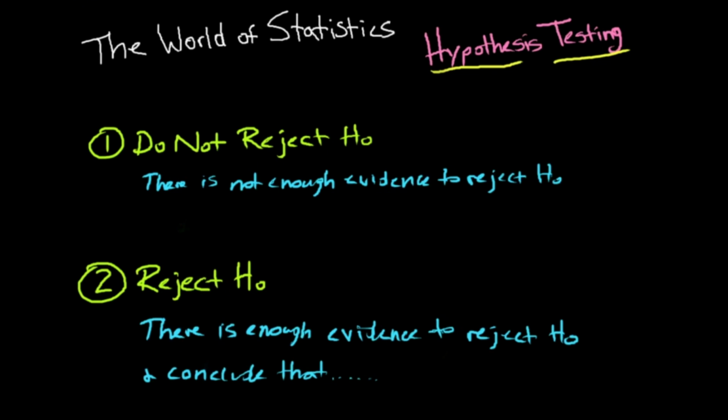So that's really the two differences. We have do not reject, which isn't accepting, simply not enough evidence to reject the H0. Then we have the second option, which is, of course, we reject. Our statistical test found that there actually is a significant difference, and we'll get into that as we look at those tests.